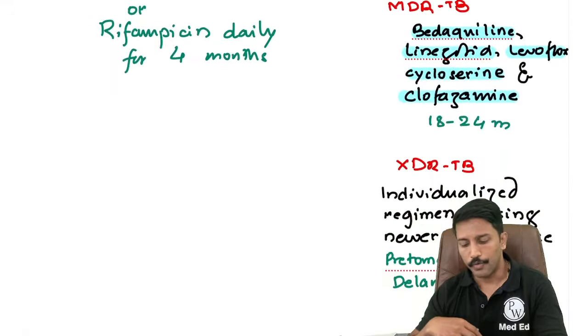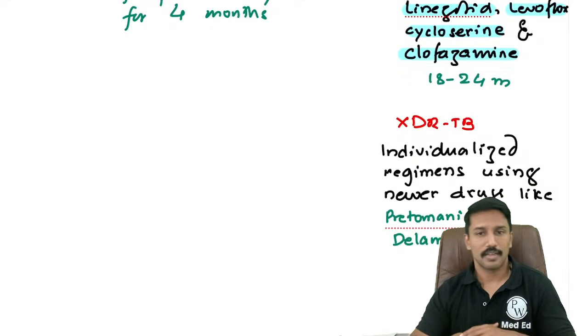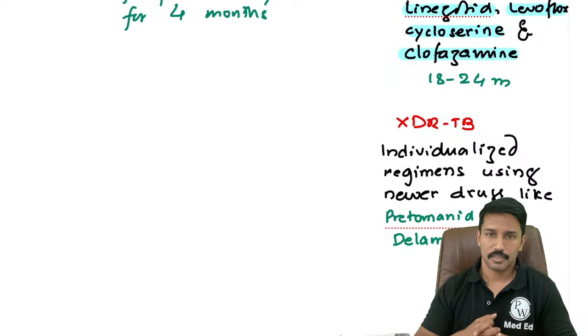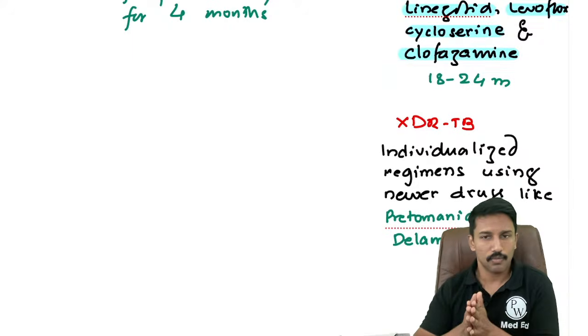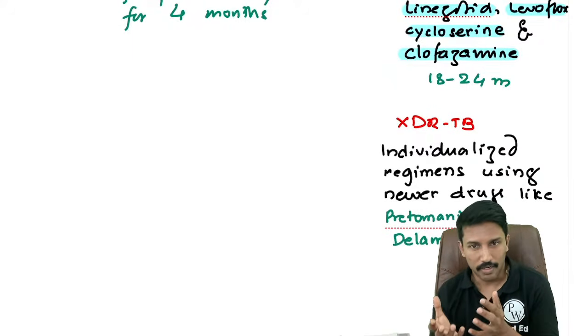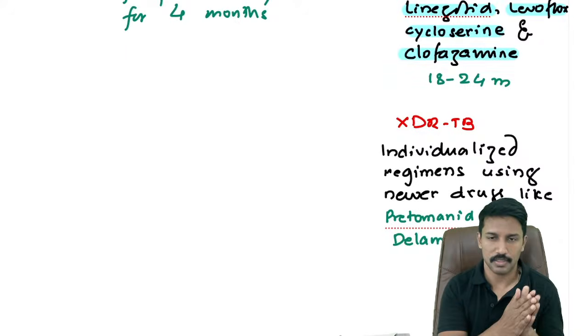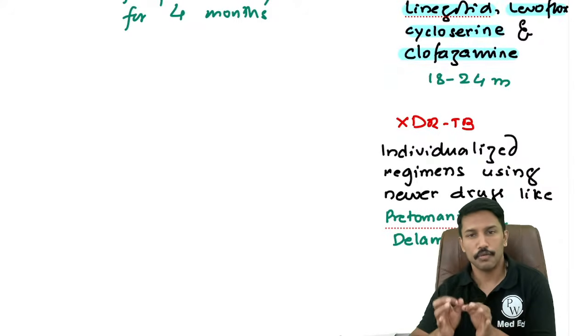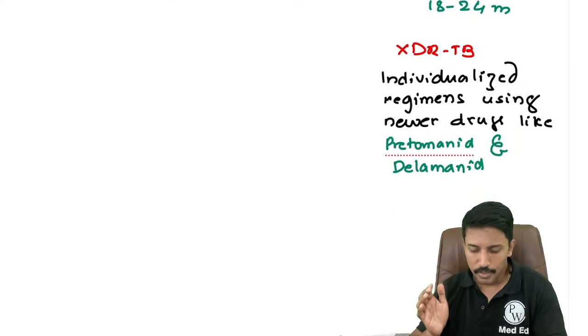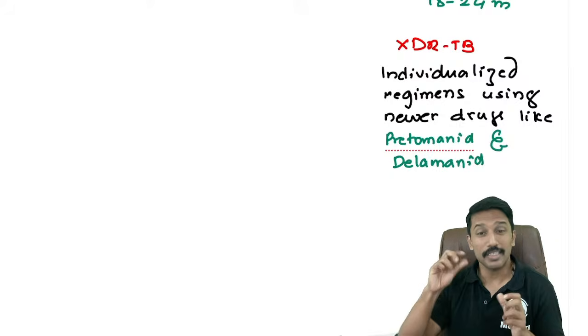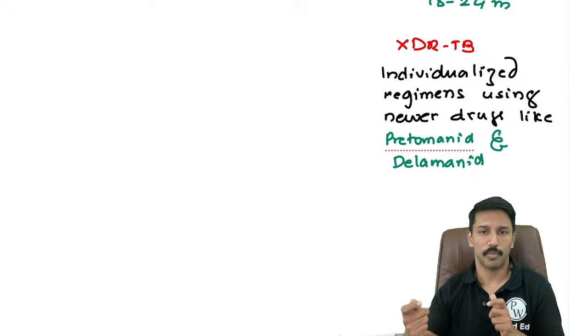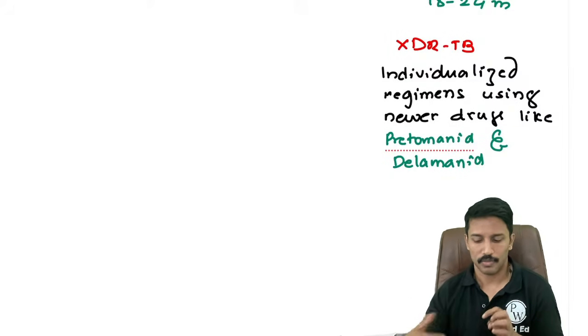Okay. Now, if I have XDR TB, extensively drug resistant TB, then what is recommended today is based on the culture pattern, right? To which drugs this particular bacillus is sensitive and to which it is not. We create individualized regimens and we try to utilize more modern drugs to which resistance is still not documented or is not very common. What are those drugs?